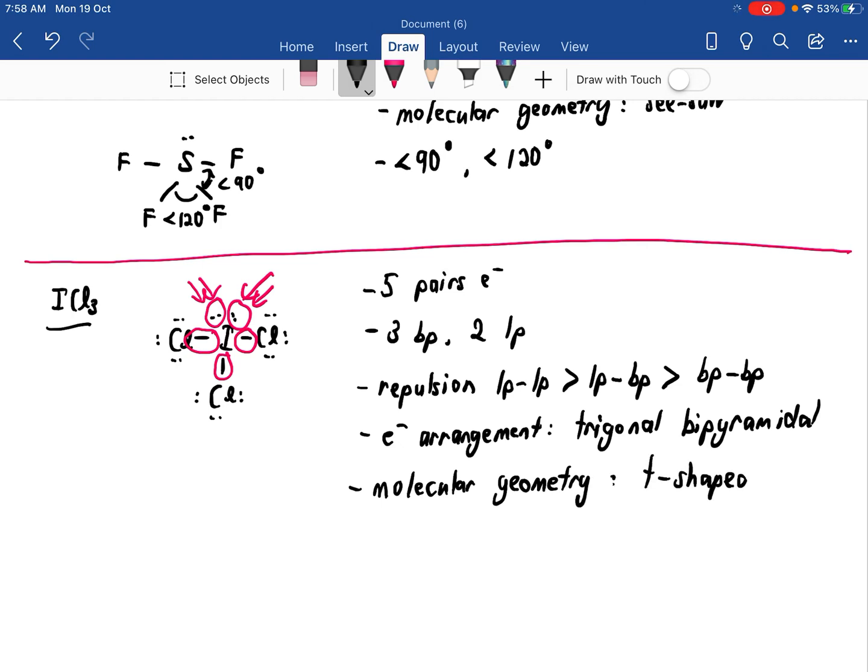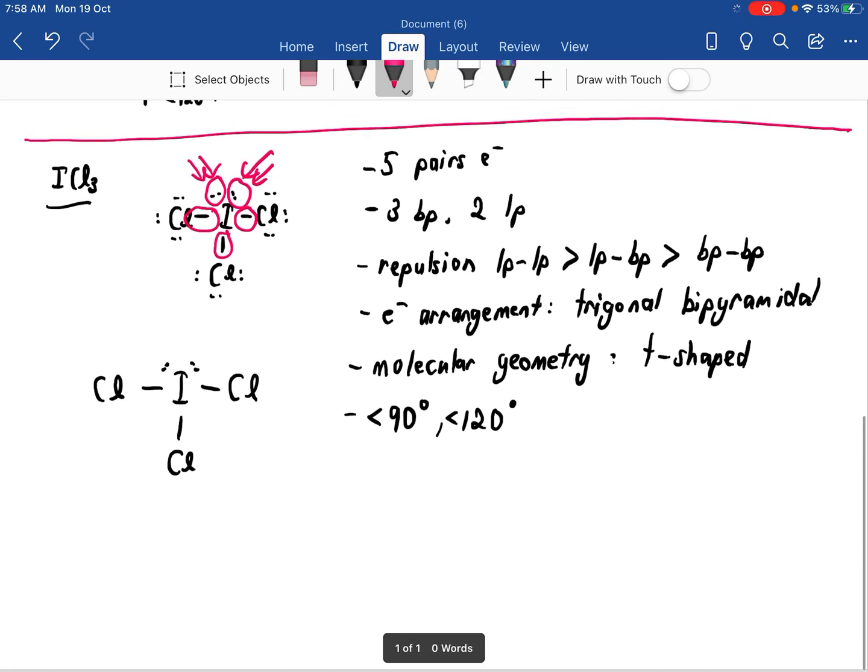So we are going to draw it as a T-shape. It looks like a letter T with 2 lone pairs. The angle will still be less than 120 and less than 90 degrees.